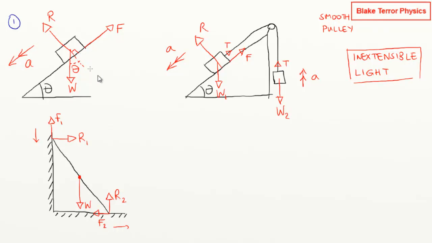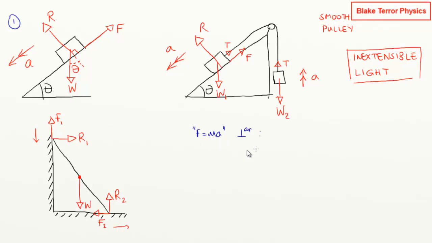If we were going to analyse this, we'll be analysing it for the one object that we're interested in, and we're going to set up 3 equations off of this. So we're going to look at the forces perpendicular to the plane. So we'll be doing F equals ma perpendicular to the slope.